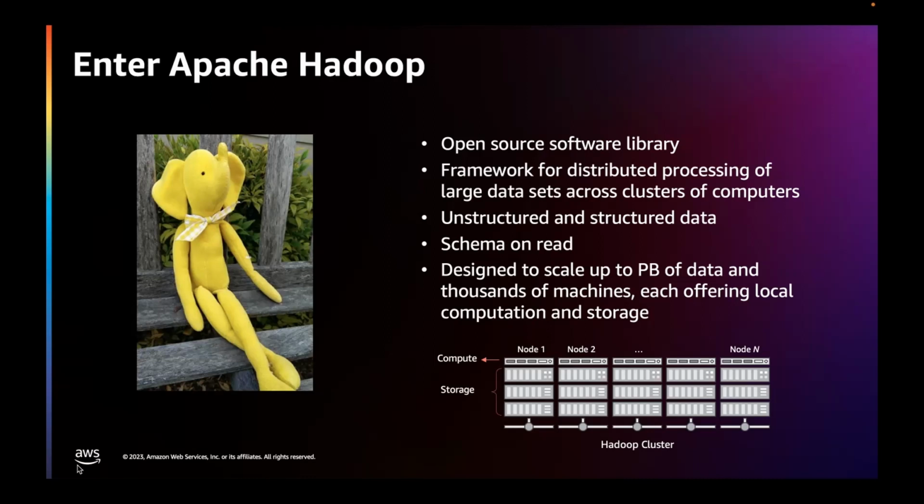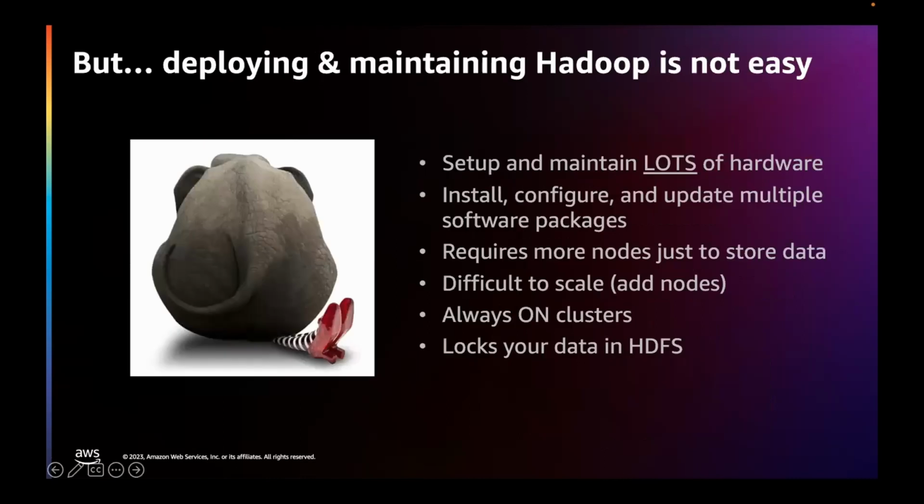And this in turn made it technically and economically feasible for many organizations to store and process extremely large data sets, including structured, but also semi-structured and unstructured data. So many organizations moved to adopt Hadoop and started to build data lakes based on HDFS.